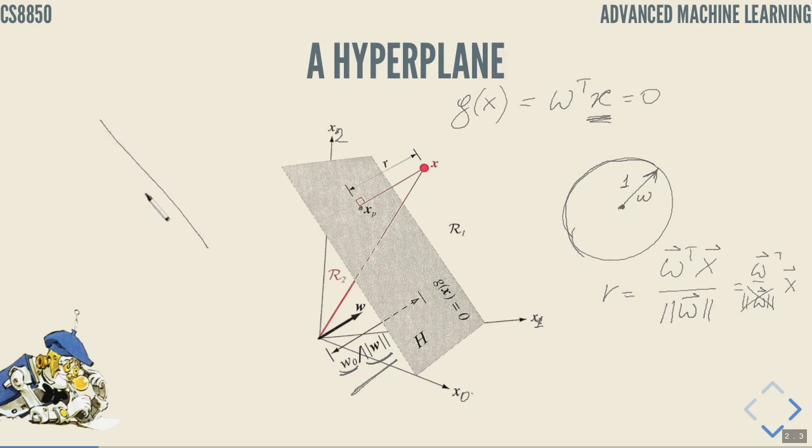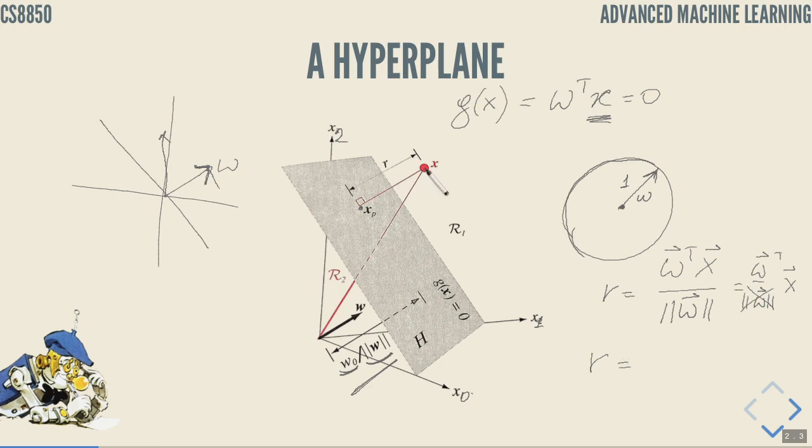If you have W that defines this line here, this hyperplane, again, my baby hyperplane, the model. Imagine X has length 1, W has length 1, so we are right here.